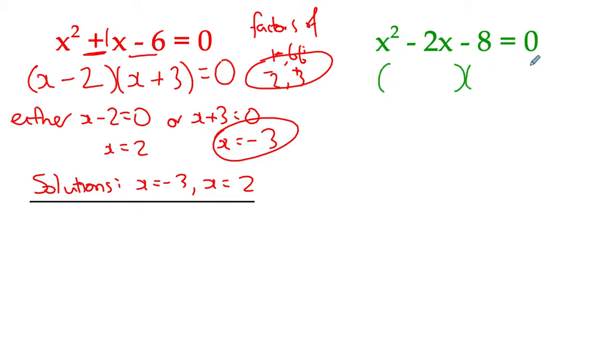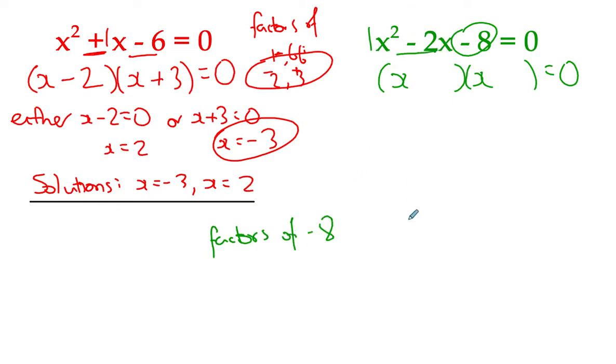Okay, so pair of brackets, because we know it's a trinomial factor. It's easier because there's only a 1 here. So we're looking for x and x in the front, and we've got factors of negative 8 that add to negative 2.